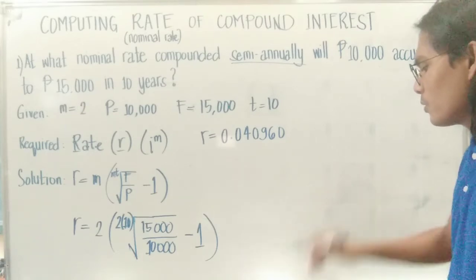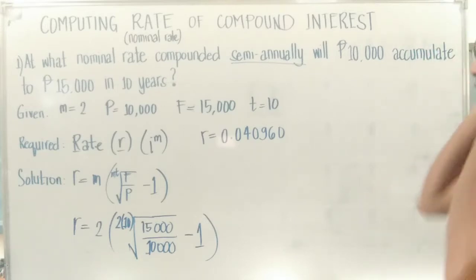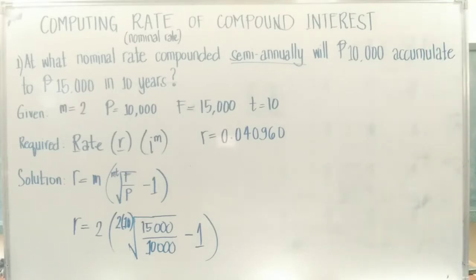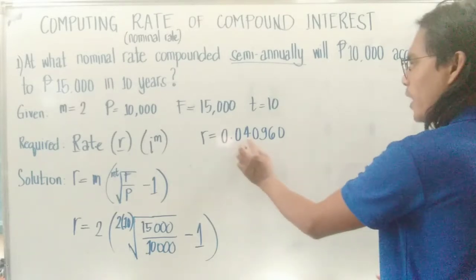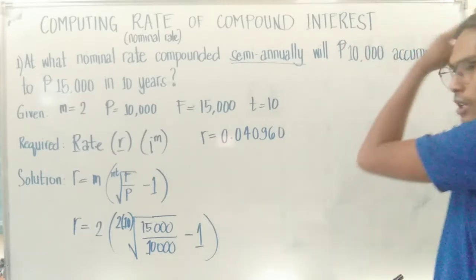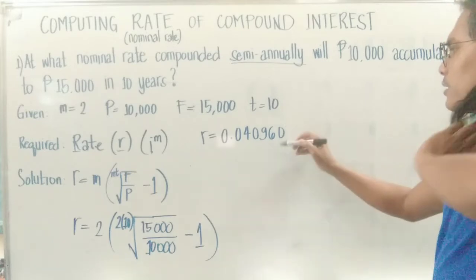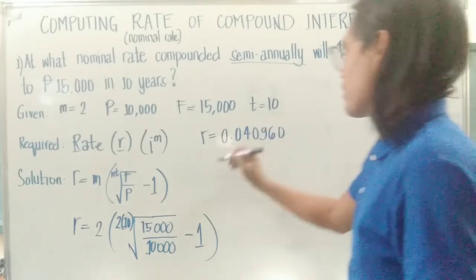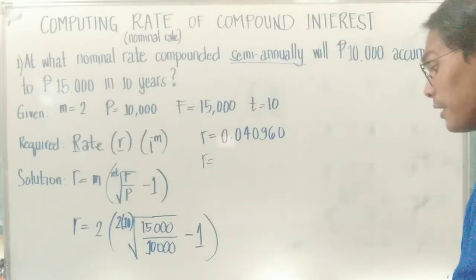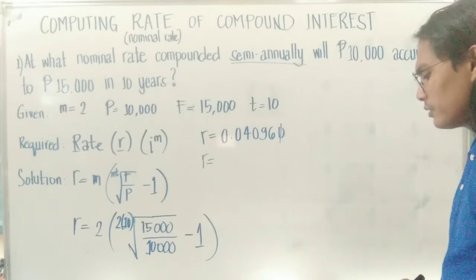Okay? So in computing the rates, we write the value with 5 to 6 decimals, but in our case we have 0, 1, 2, 3, 4, 5, 6, but the last 0 is insignificant. So either you can delete this 0 or just put it there.